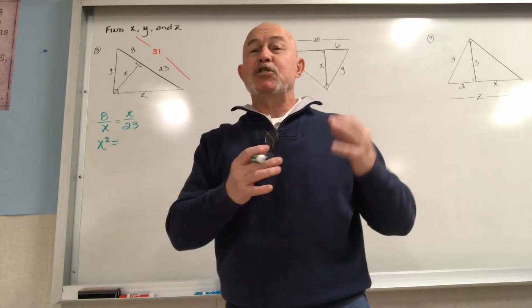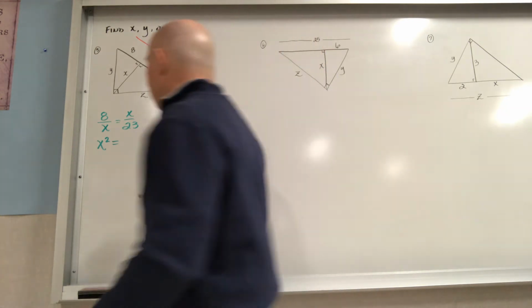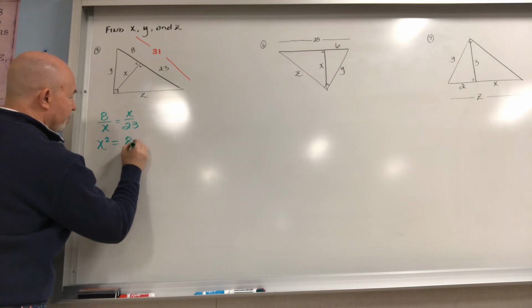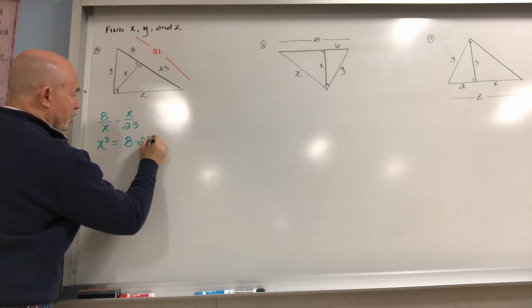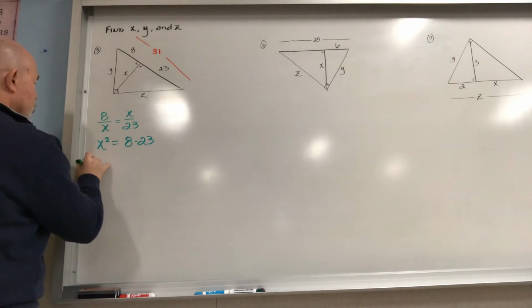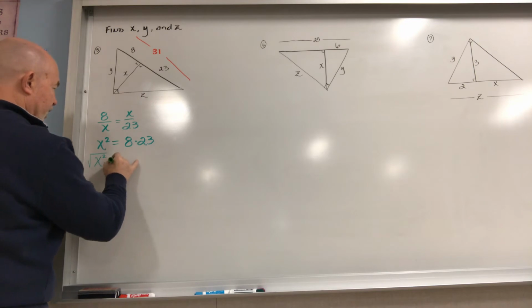And it'll become even easier in the next couple of problems when you're dealing with perfect squares. So here we go. I'm just going to say 8 times 23. Square root of both sides. Nope, still not multiplying.